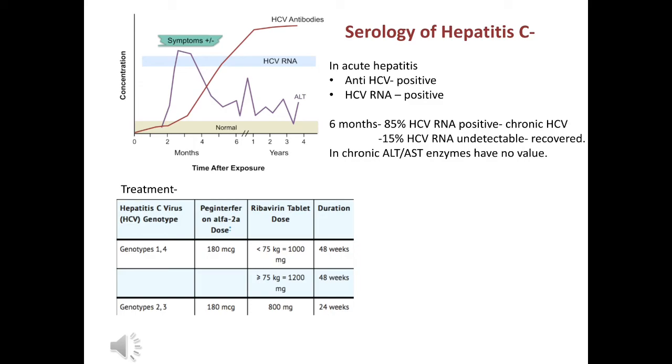Treatment of hepatitis C virus according to the genotype: genotype 1 and 4 would be treated for a duration of 48 weeks, and genotype 2 and 3 would be treated for 24 weeks.